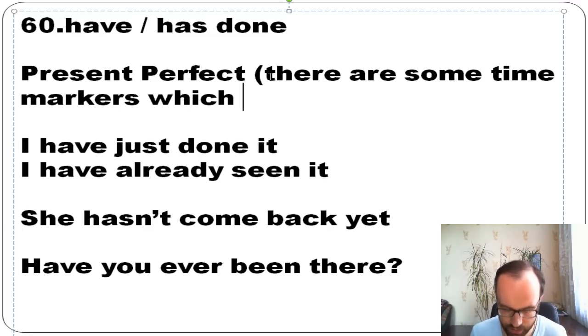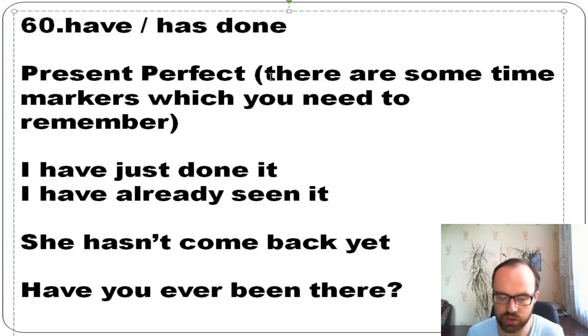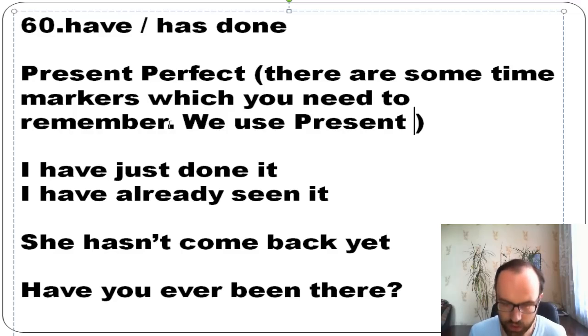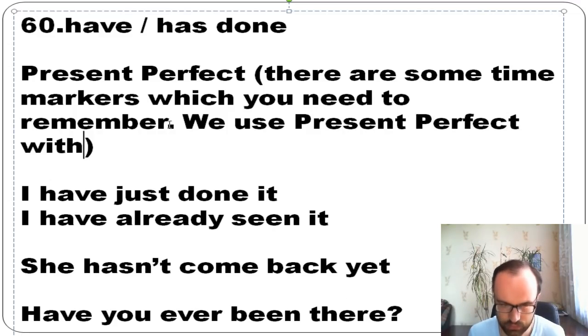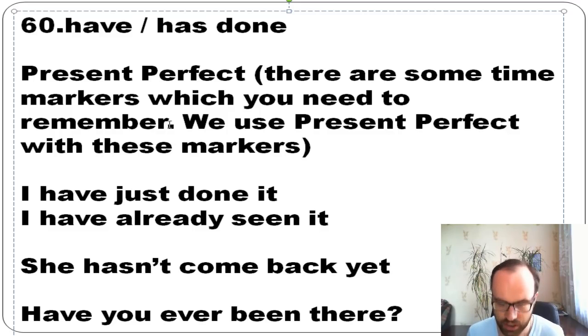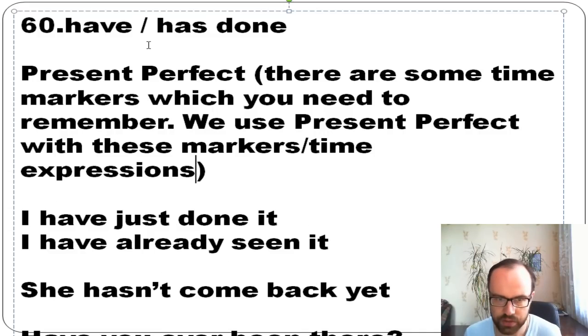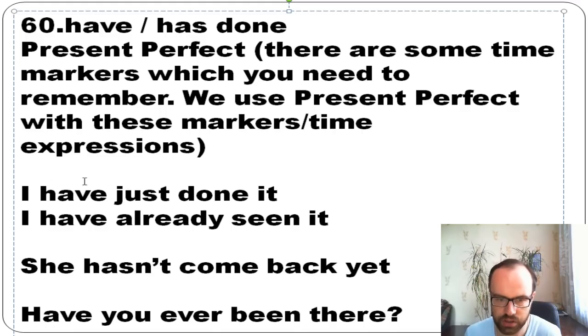There are some time markers which you need to remember, and we use present perfect with these markers, or with these time expressions. For example, just, already, yet, and ever.